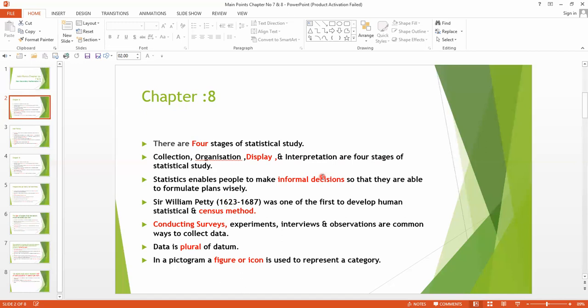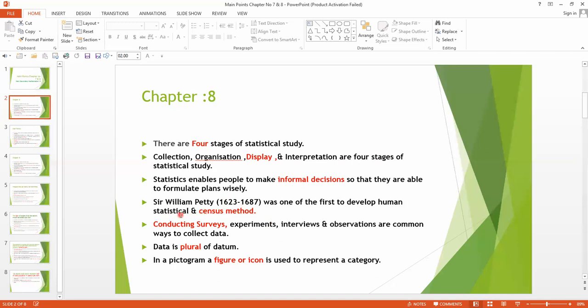Because by collecting that data, they are able to analyze which one is the trend. Suppose which specific flavor of cream is liked nowadays, or which specific trend is in, so that they can go for that.